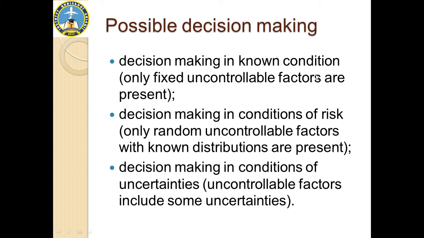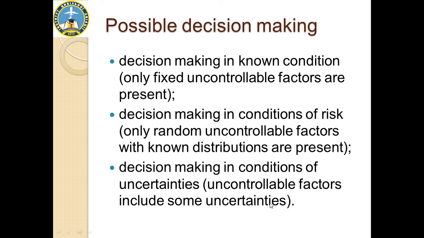Second, decision making in conditions of risk. Risk presumes that only random uncontrollable factors with known distributions are present. And third, decision making in conditions of uncertainty. As the name implies, uncontrollable factors include some uncertainties. So, how can we deal with all these factors?